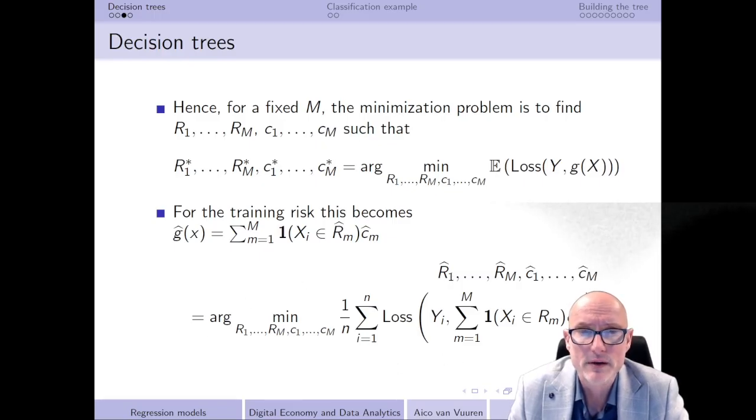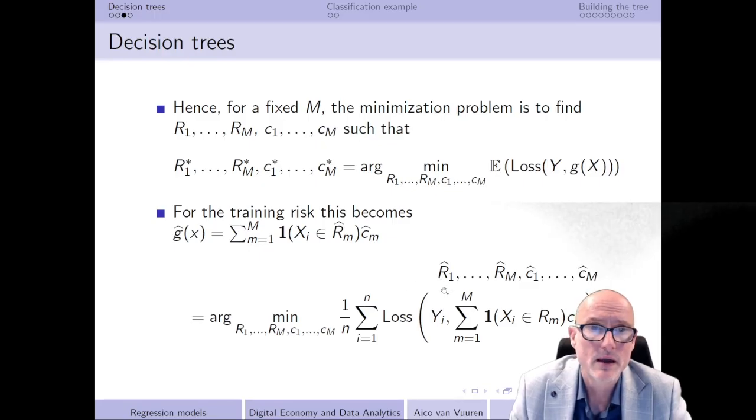But generally, when m becomes quite large, it is prohibitively difficult to minimize this problem and to simultaneously determine R1 till RM as well as C1 to CM.